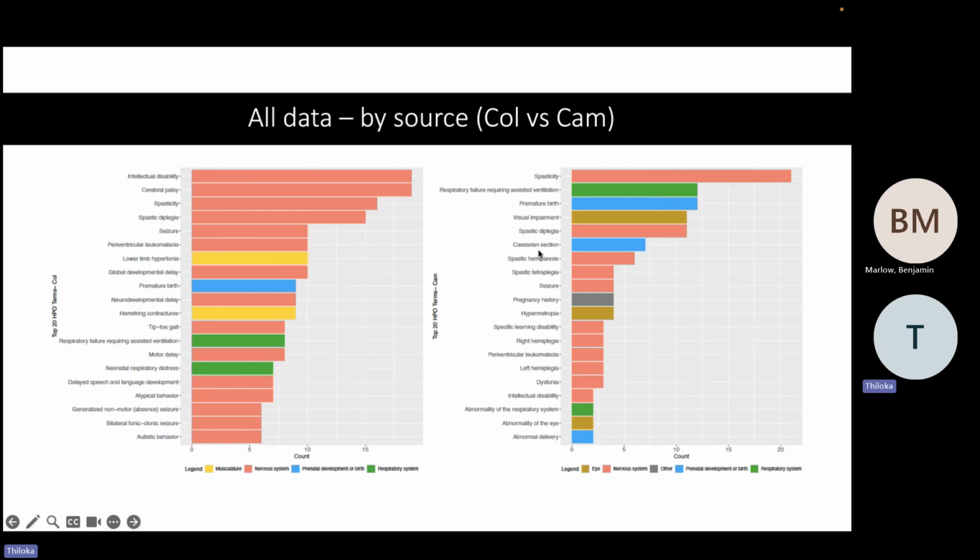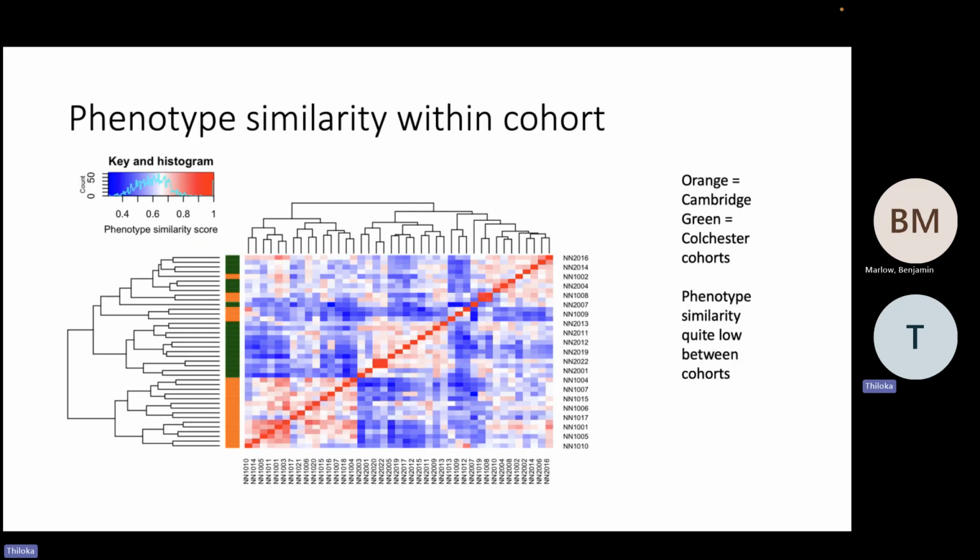And this is looking at all that data, so Qualtrics and the electronic health records. We do have intellectual disability featuring in Cambridge, but it's a little bit lower down on our top 20 terms list. So that makes a difference in terms of performing that phenotype similarity scoring within cohorts.